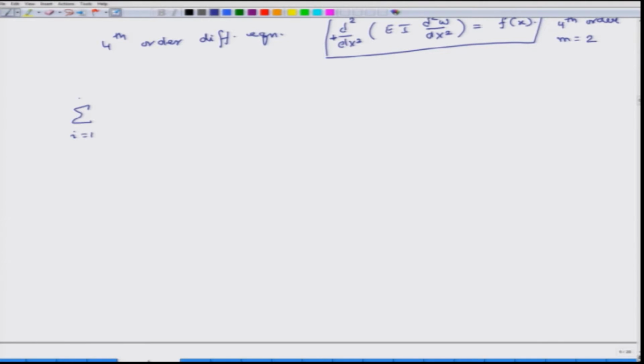Sum over i equal to 1 to m, minus 1 to the power of i, d^i over dx^i, A_i, d^i u over dx^i, equals f.